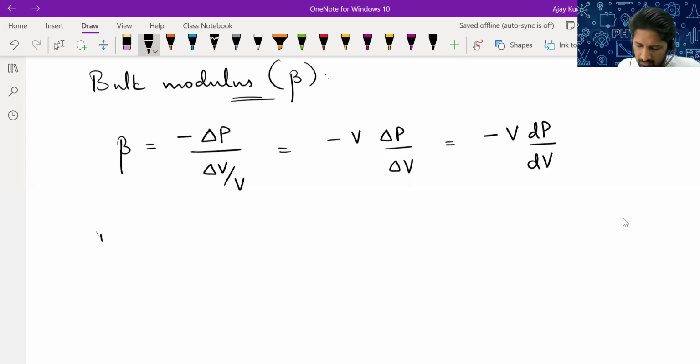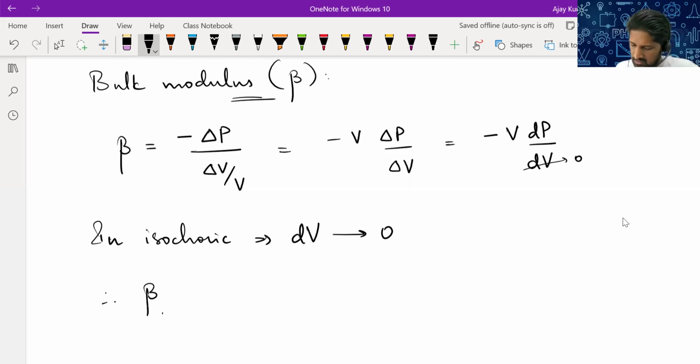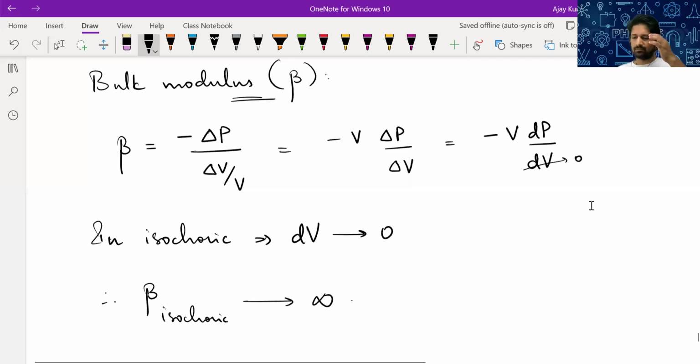In an isochoric process, volume does not change. That means change in volume dV will be zero or tending to zero. If dV tends to zero, the denominator tends to zero, then the bulk modulus in an isochoric process will be tending to infinity.